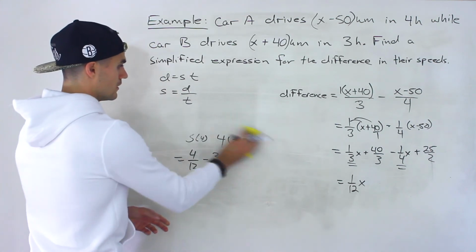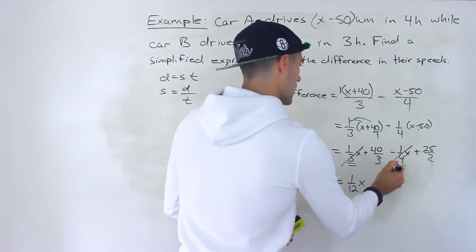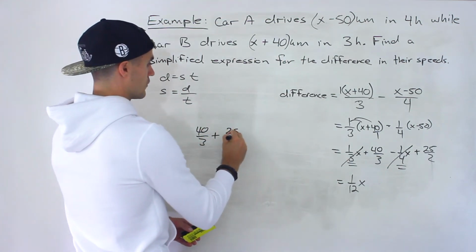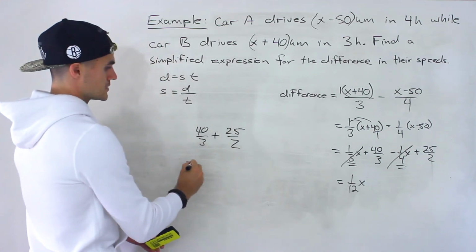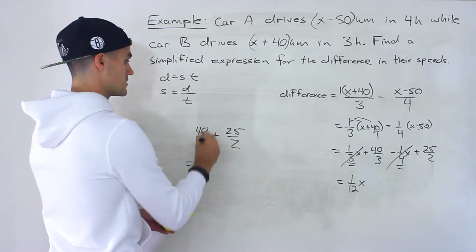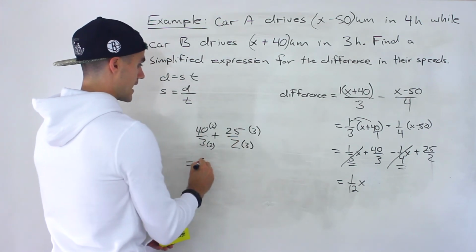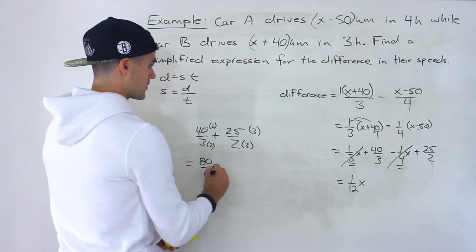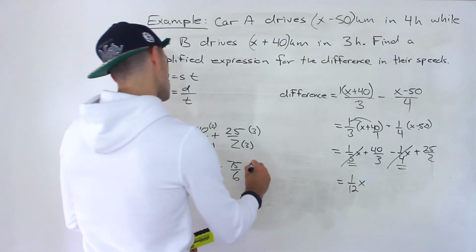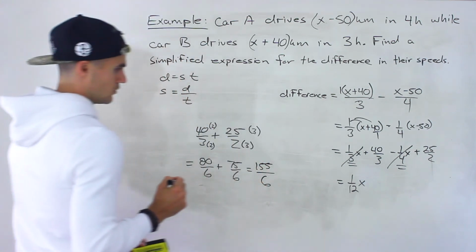And then the other two expressions, so these are gone. We'll have 40 over 3 plus 25 over 2. What's the common denominator between 3 and 2? 6. Multiply this by 2, multiply this by 2, multiply this by 3, multiply this by 3. So we'd have 80 over 6 plus 75 over 6, which would give us 155 over 6 like that.